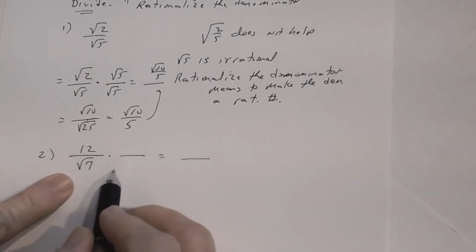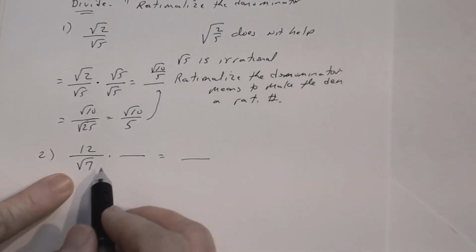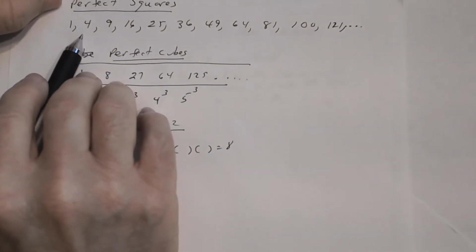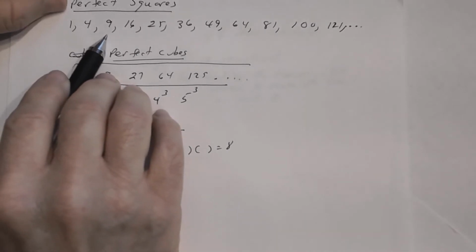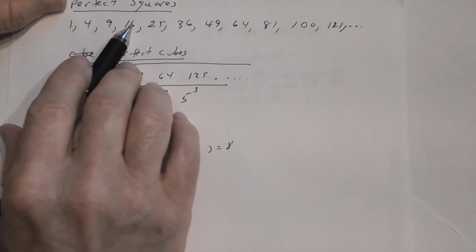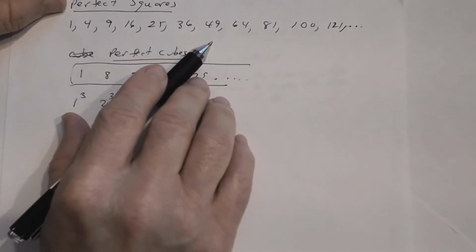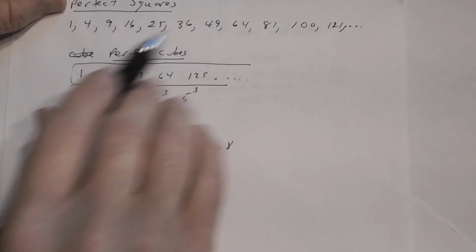Well, 7 times 7 is 49. In fact, isn't that how we got our perfect squares? 2 times 2 is 4, 3 times 3 is 9, 4 times 4 is 16, 5 times 5 is 25, 6 times 6 is 36, 7 times 7 is 49, 8 times 8 is 64, and so on. That's how we got them.